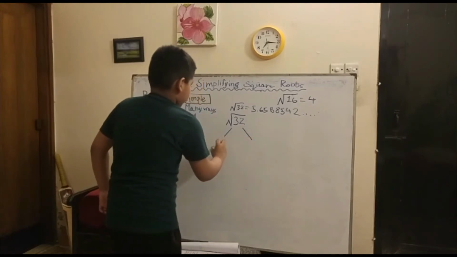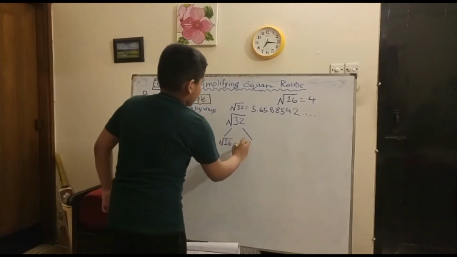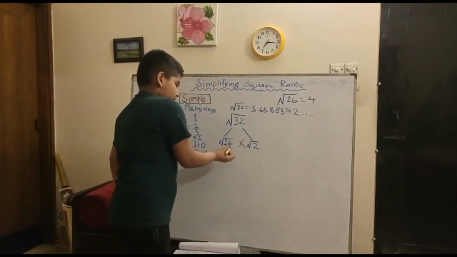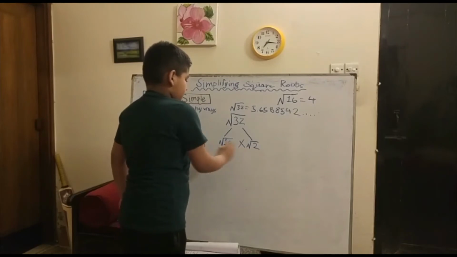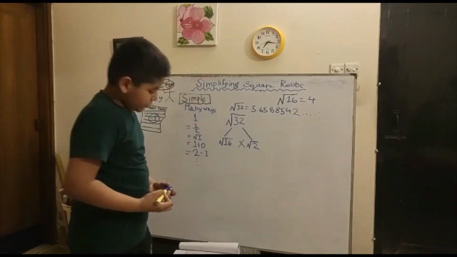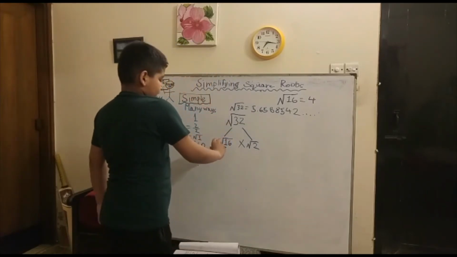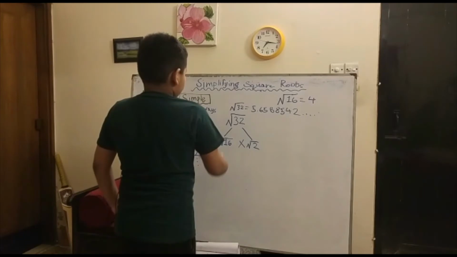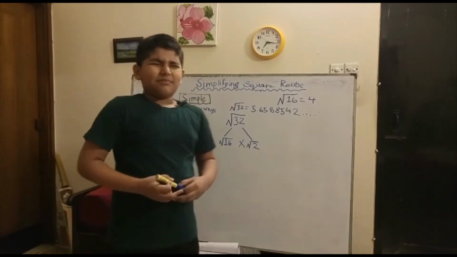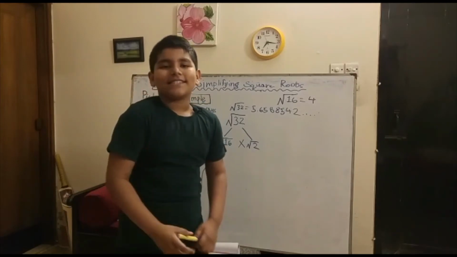This can be simplified to the square root of 16 times the square root of 2, because these inner parts multiplied give 32. So we can see here that 16 is a perfect square. Now, does that matter at all? Of course it does.